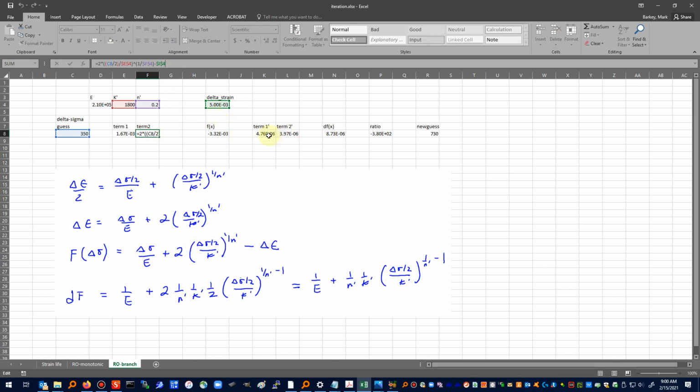So my prime term 1 would be 1 over E, that should be the same, and my prime term 2 is going to be 1 over n prime, 1 over k prime, and I need to modify this, so I divide that by 2.